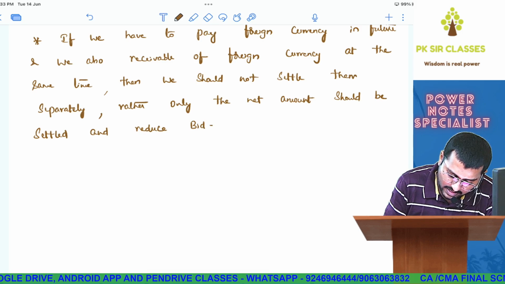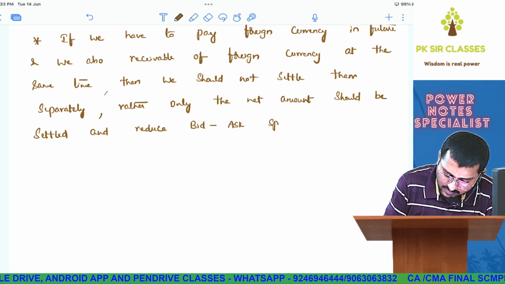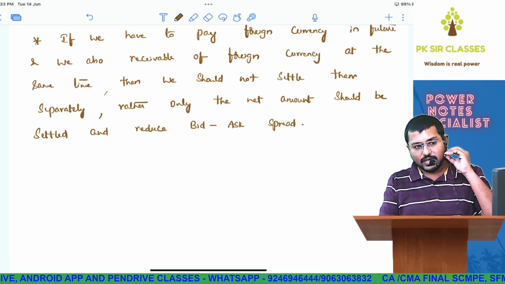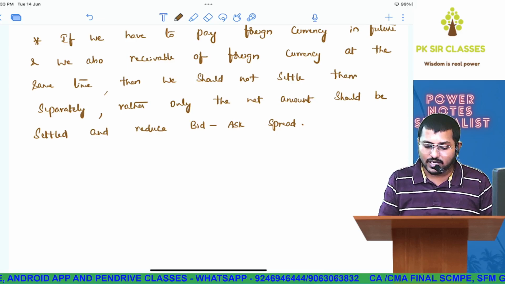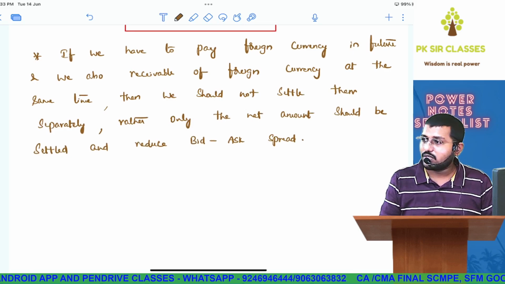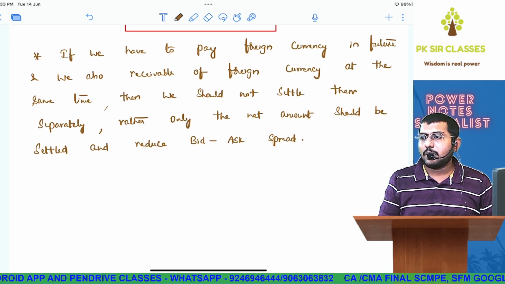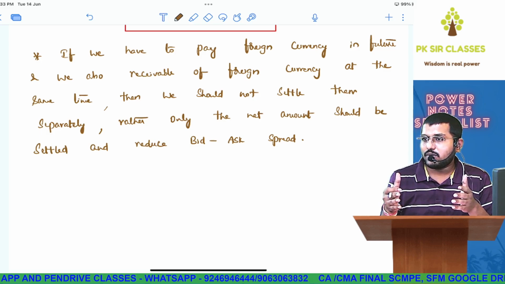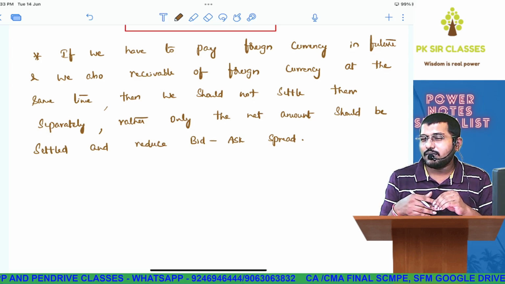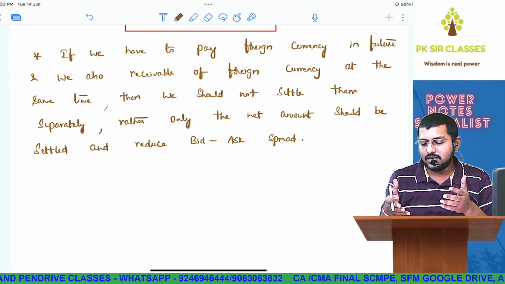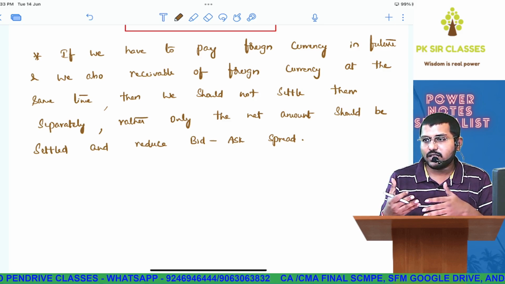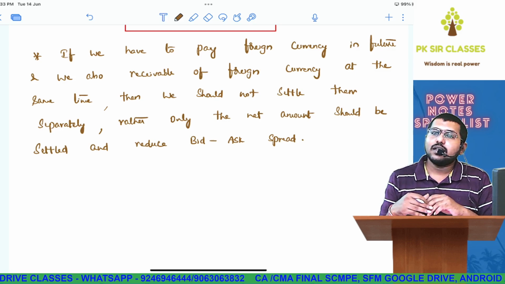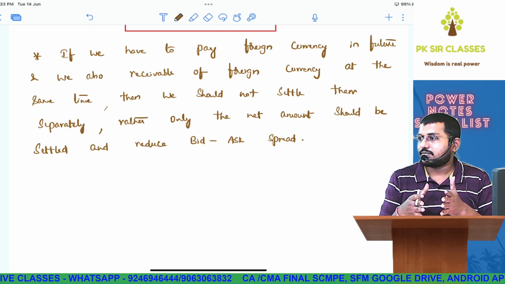Reduce bid ask spread. Keep this in mind. Unnecessarily, you'll be paying too much bid ask spread if you're making too many transactions. You understand the point? Remember, for banks, that is not a problem, because banks also will have bid ask spread: when one bank tries to buy from another bank, the other bank will treat them as a customer only. But at least they will not have margins.